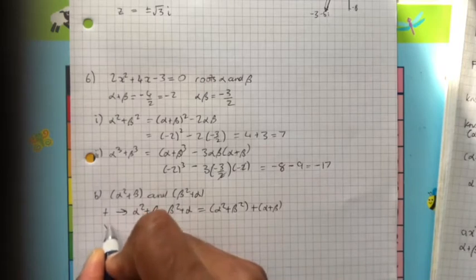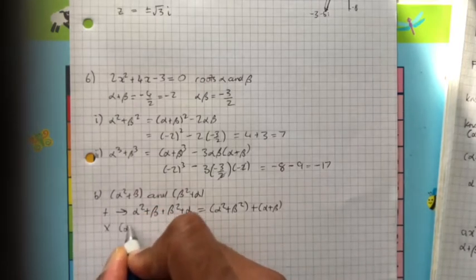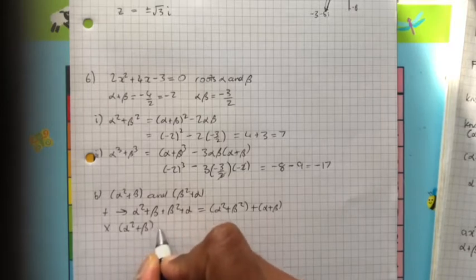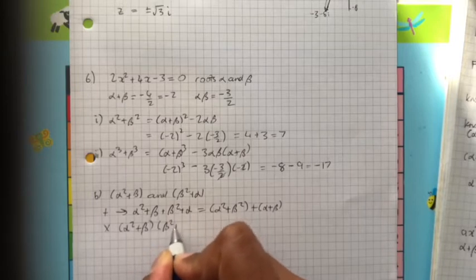And then the product of our roots, alpha squared plus beta times beta squared plus alpha.